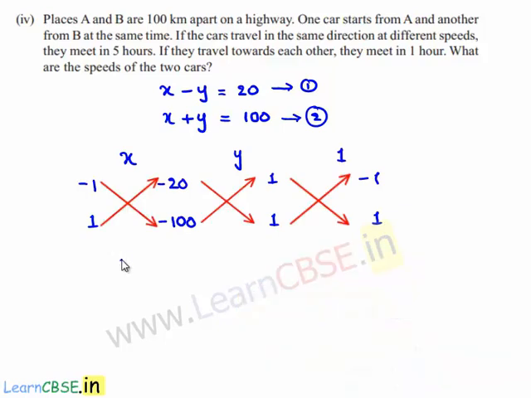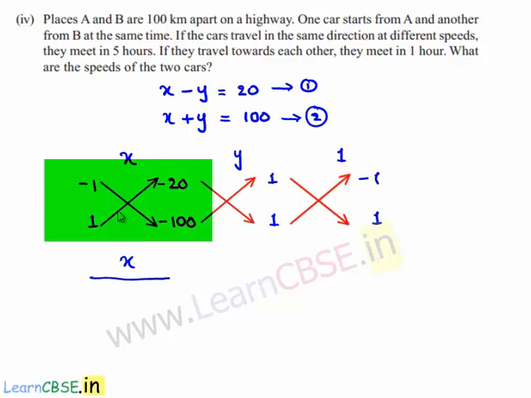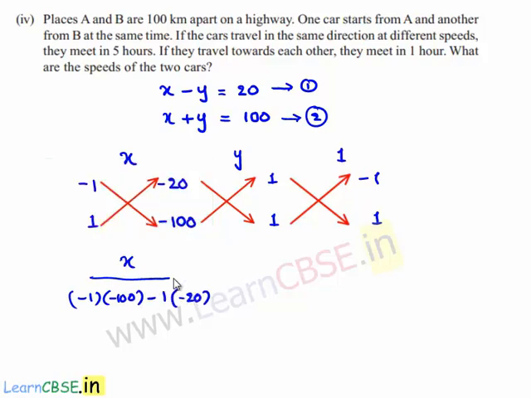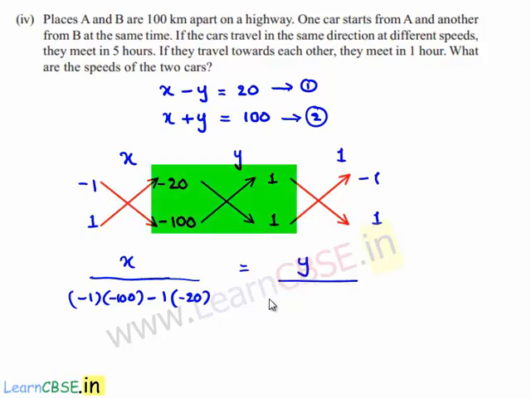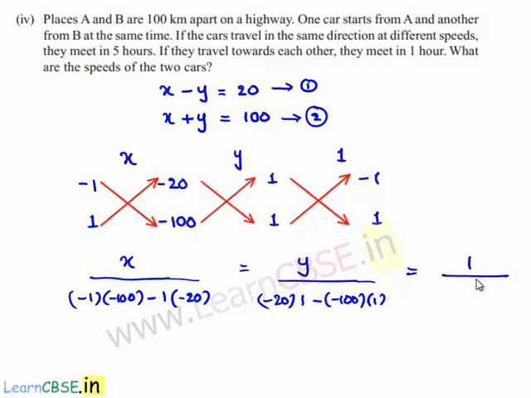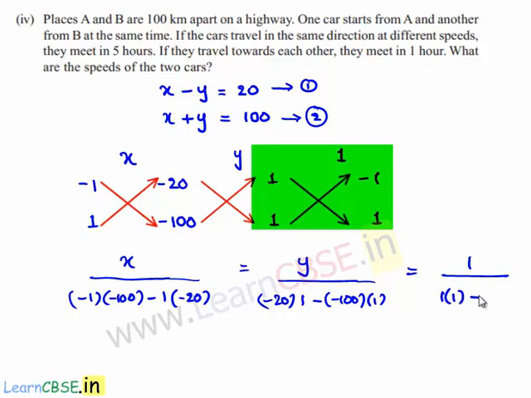Now we can write x divided by, by cross multiplication, minus 1 times minus 100 minus 1 times minus 20, is equal to y divided by minus 20 times 1 minus minus 100 times 1, is equal to 1 divided by 1 times 1 minus 1 times minus 1.